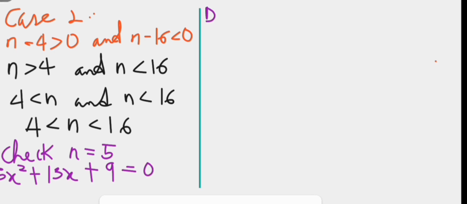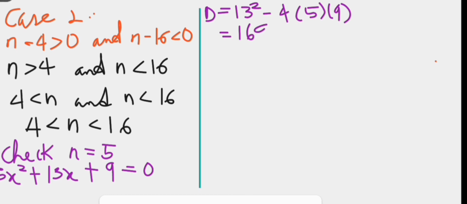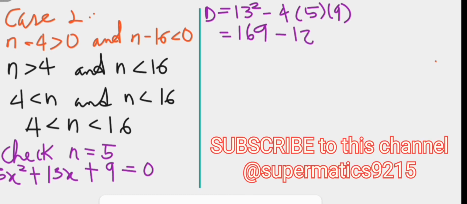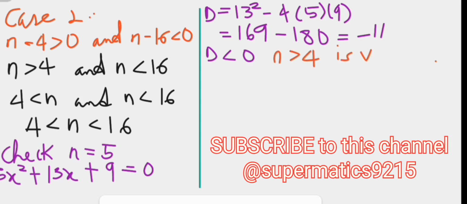And the discriminant D is 13 squared minus 4 times 5 times 9. That is 169 minus 180. This is negative 11. D is less than 0. D is negative, meaning that n greater than 4 is a valid solution.